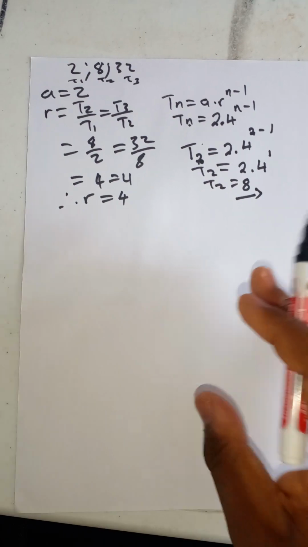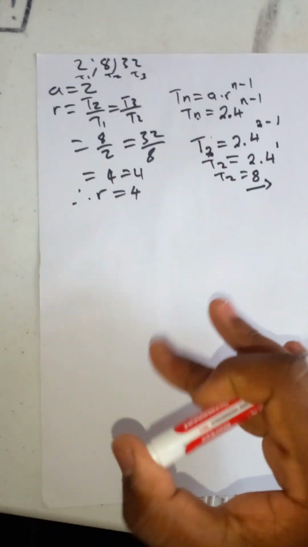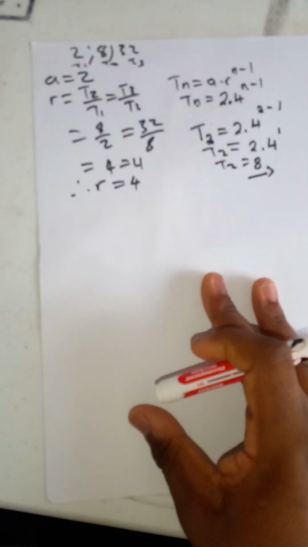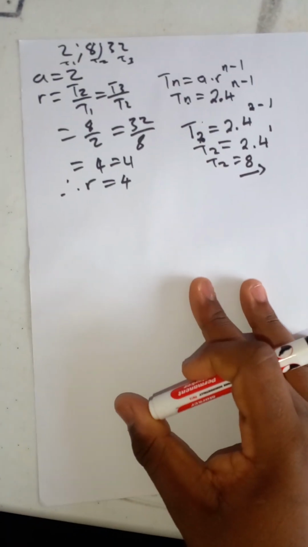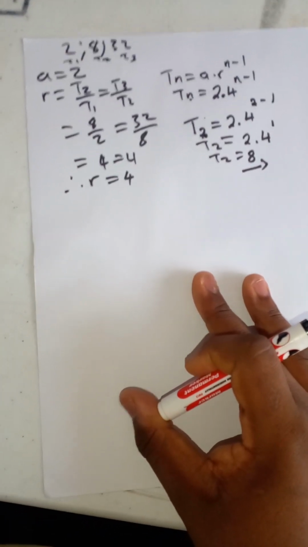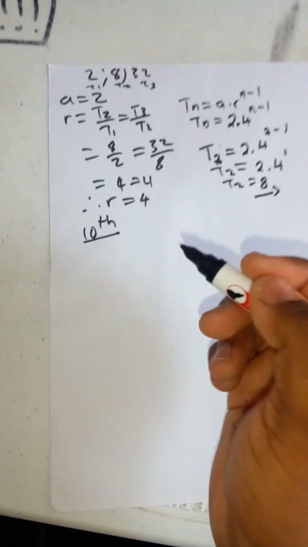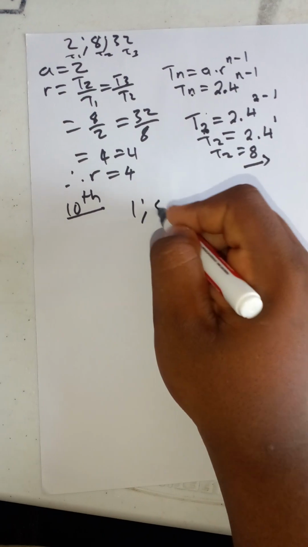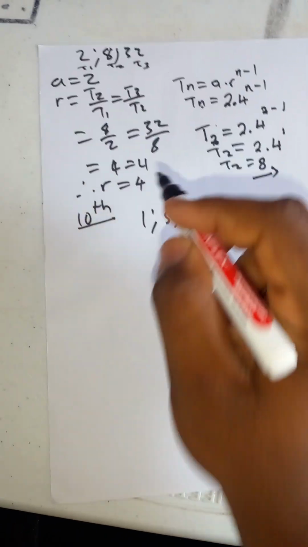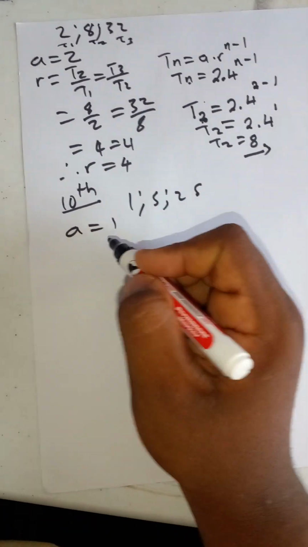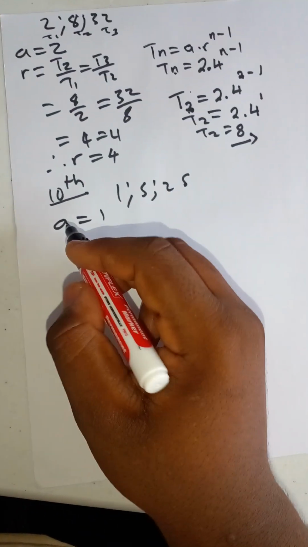Is it fine, guys? So now let's go to the second one, where we have to find the 10th term of the sequence. Maybe they will say find the 10th term. Now you are given 1, 5, 25. The value of a is equal to 1. Let's find the ratio.